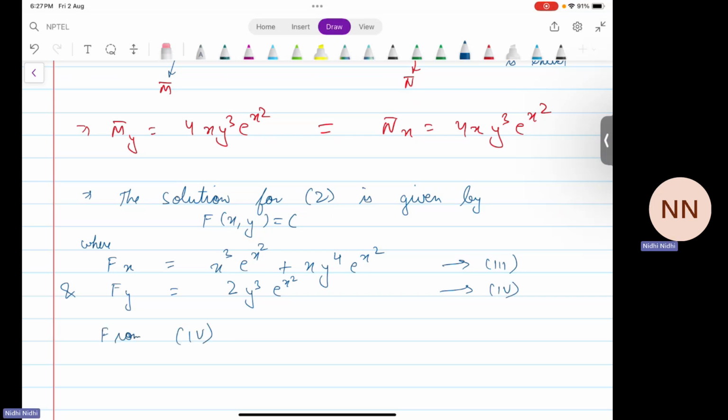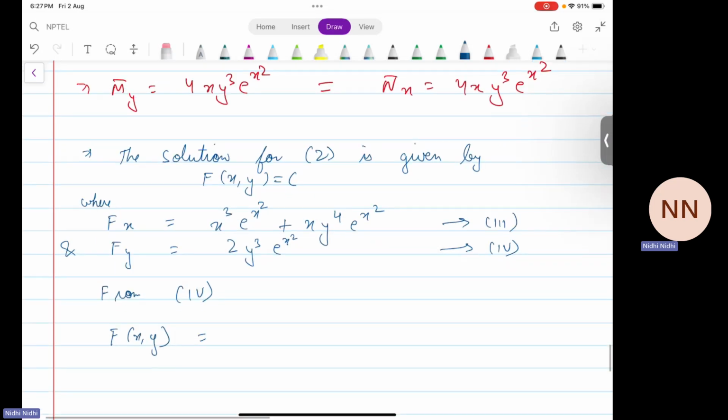From fourth, we get f(x,y) is equal to the integral of this function with respect to y. So this gives us 2y to the power 4 by 4, so y to the power 4 e power x square by 2, plus some function of x.